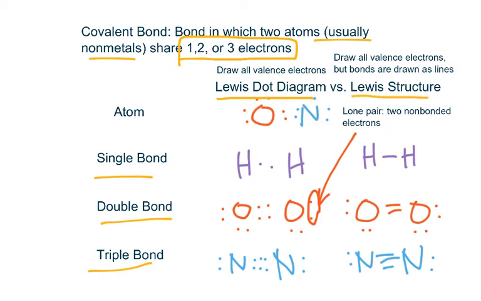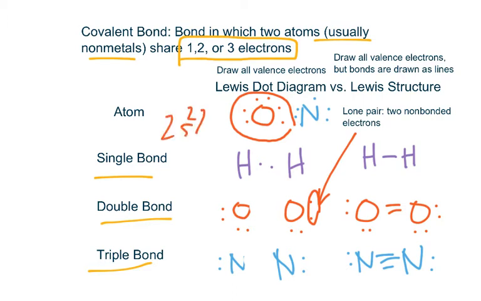A Lewis dot diagram simply shows the valence electrons surrounding an atom. So, for example, in this oxygen atom, I need to add 2 more electrons there. In this oxygen atom, the oxygen has 6 valence electrons since oxygen is 2s2 and 2p4, and that's 6 valence electrons.